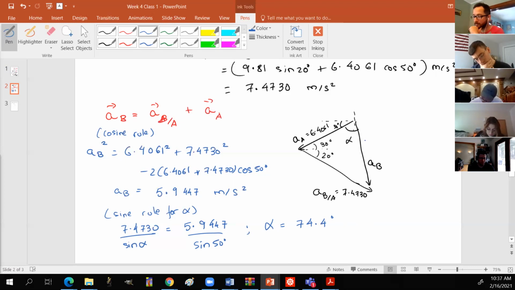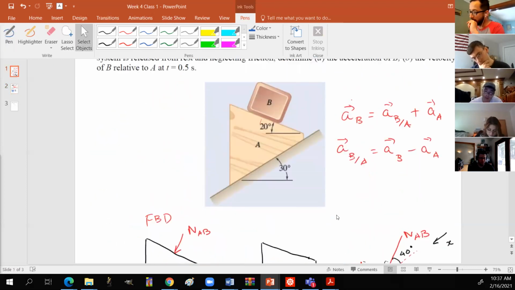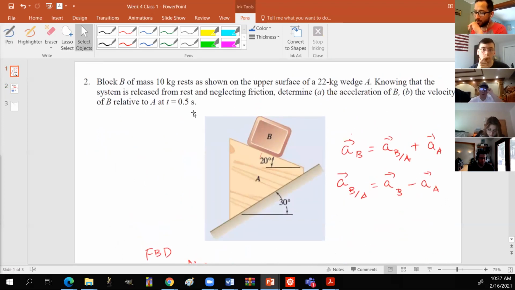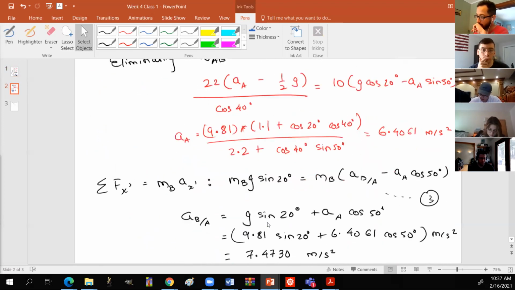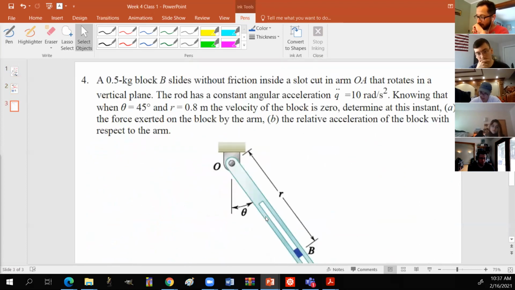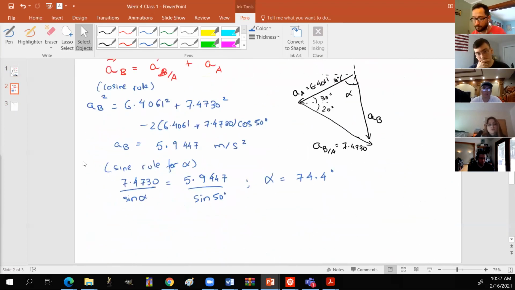So now for the next part of the problem, you're asked to find the velocity of B relative to A, right? So with that, we just have to be concerned with, and it starts from rest, right? So for the velocity of B relative to A, if you remember your expressions, it's V plus whatever your initial velocity is, which is going to be, starts from rest, so let's just say your initial velocity is, sorry, it's 0, right?